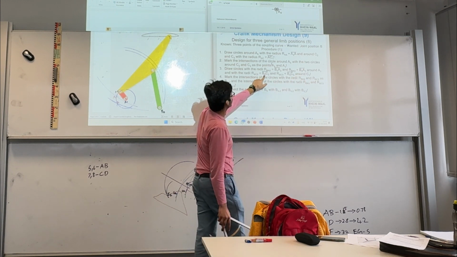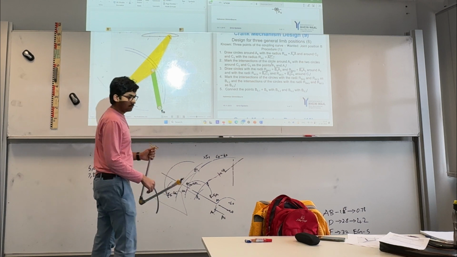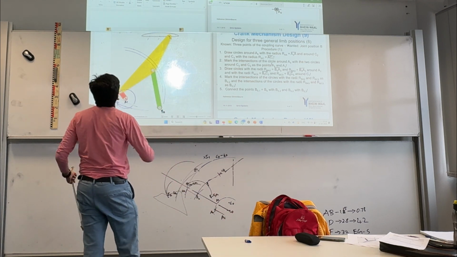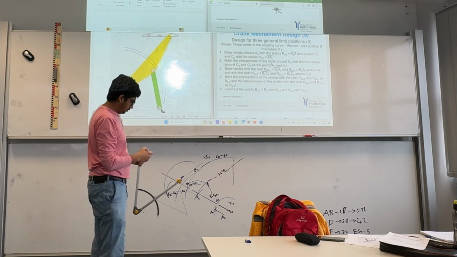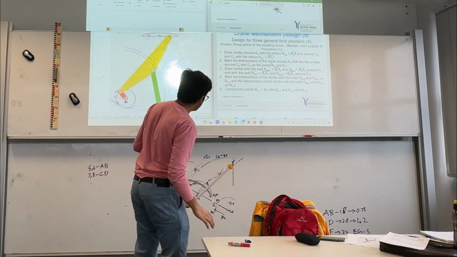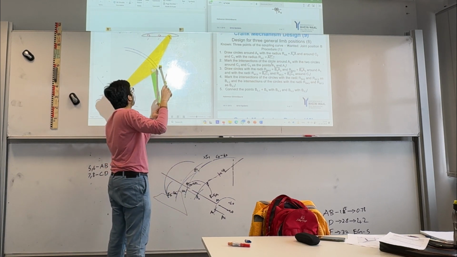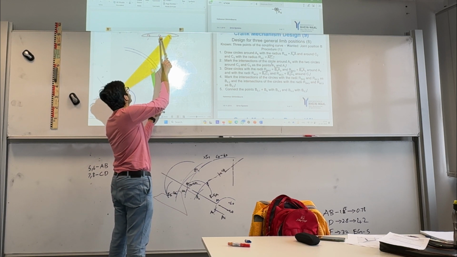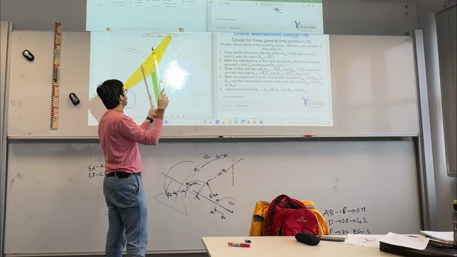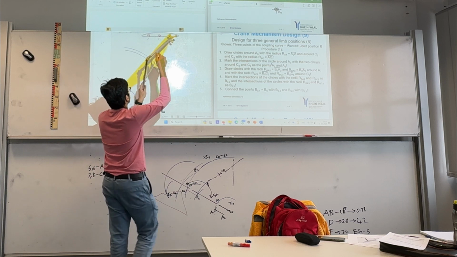Now I need to make the B0C2 and B0C3 markings. C2, C3. That's there. And this B0C2 radius from C1 point.